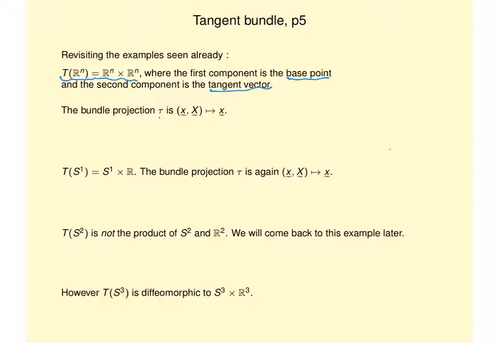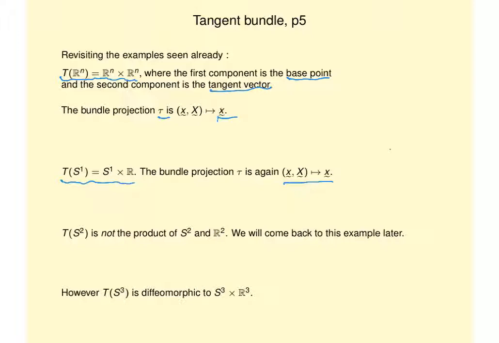The bundle projection is Tor, and it maps onto the first component. And in general, of course, the second component changes depending on which coordinate system you're in. Tangent bundle to S1 is S1 cross R. The bundle projection is again just projection onto the first factor.